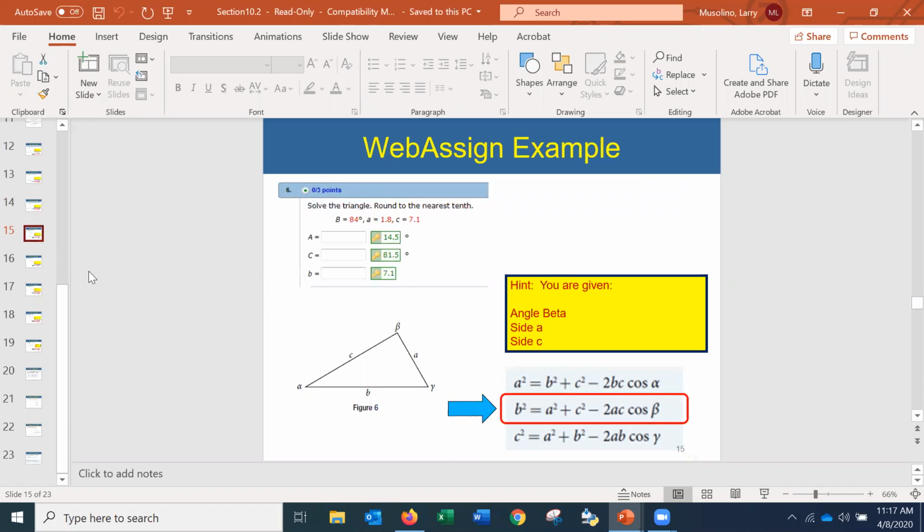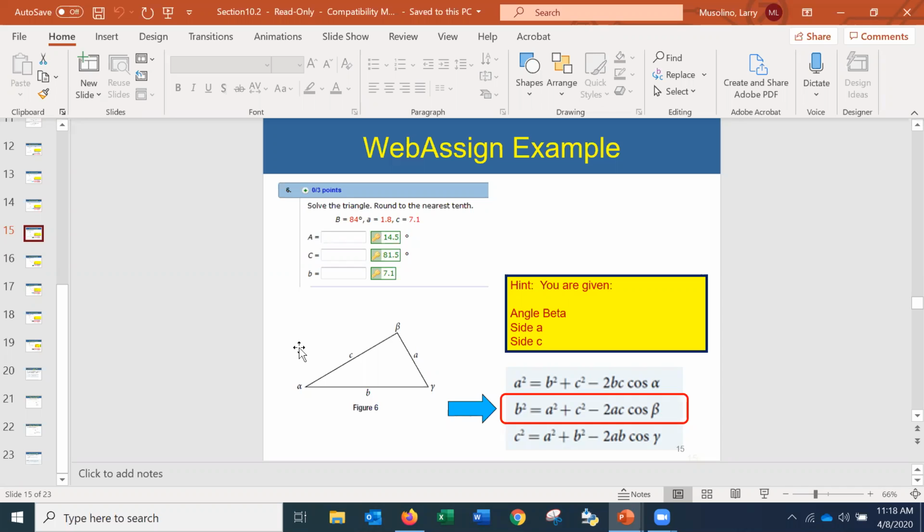Yeah, let's do this example, because this example is going to ask you to find all 6 characteristics of the triangle. Remember, there's 3 sides and 3 angles. So this problem is going to ask you to find all 6 quantities. They're giving us 3 quantities, and it's up to us to find the other 3.